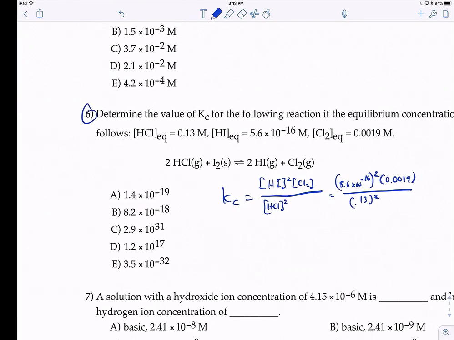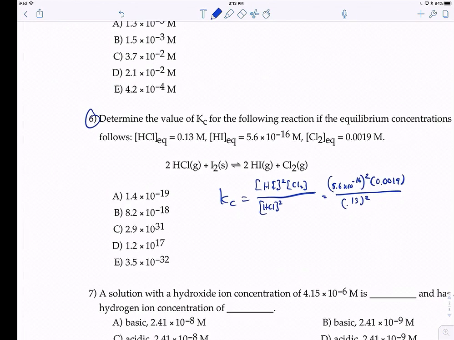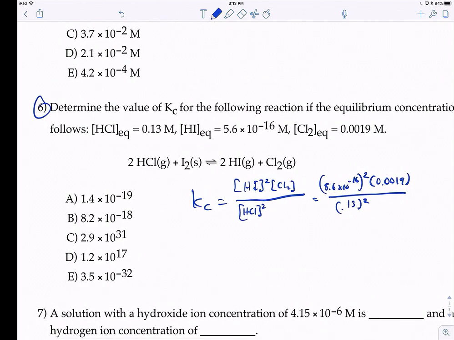So, just looking at this, it's going to be E, because the minus 16 squared is going to be huge. Okay, questions with this one? So this one is just using the definition of the equilibrium constant, and then putting the numbers in, and it's just straightforward. Questions with this? Nope.